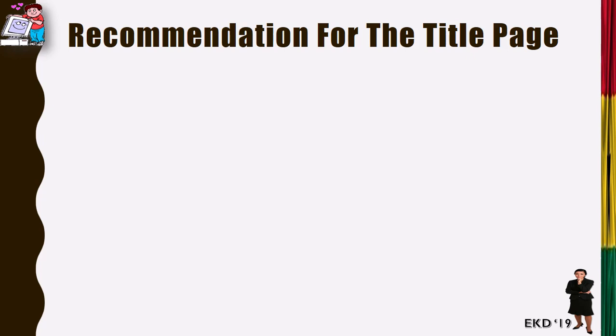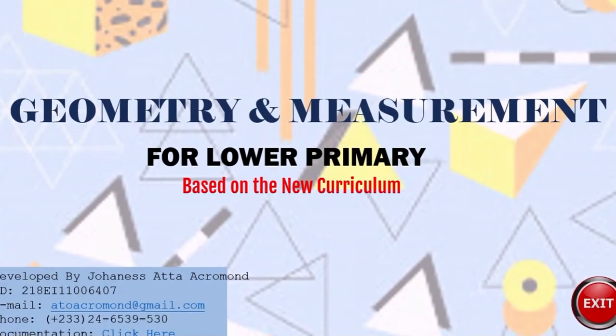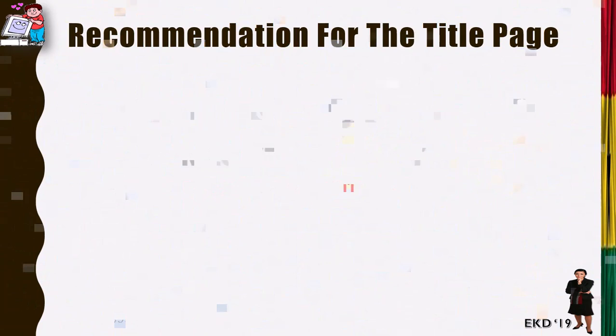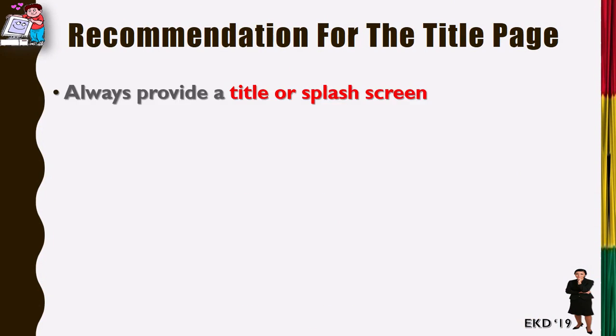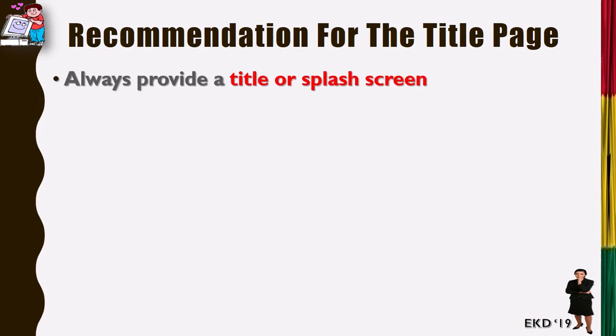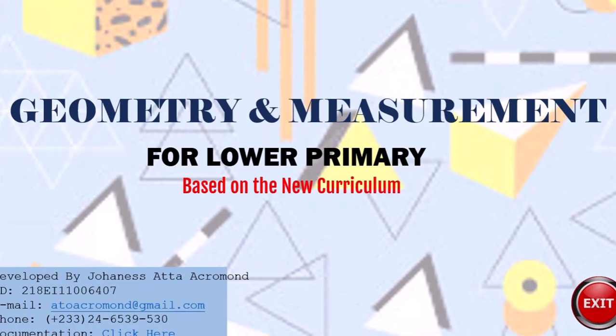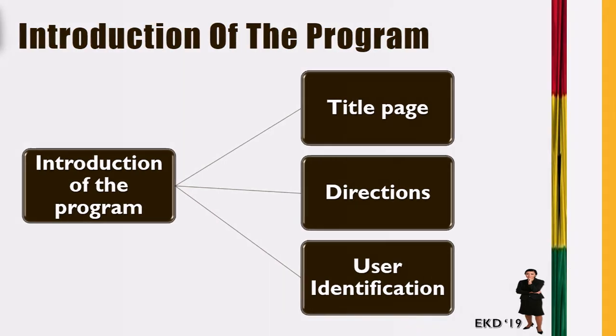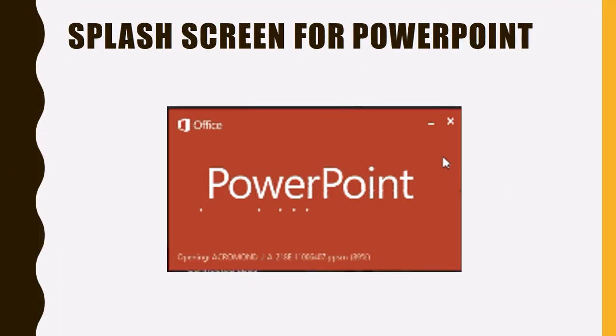Let's look at the recommendation. Just as you have seen here, it must necessarily have certain things. One, you must always have a title page or a splash screen. So if you don't have a title page like this, you must have a splash screen.